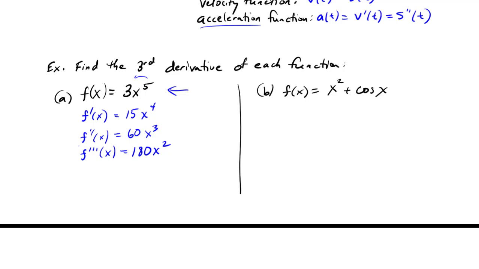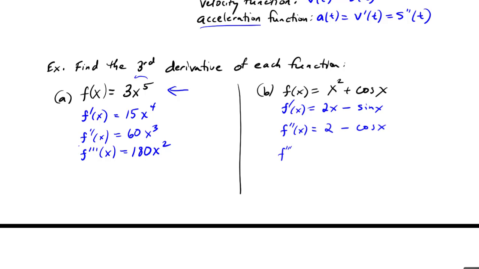Okay, let's take a look at this other one: x squared plus cosine x. Again, first derivative, the x squared becomes 2x, plus the derivative of cosine x, but that's minus sine x. All right, go to the second derivative. Derivative of 2x is just 2. Minus the derivative of sine x, which is cosine x.